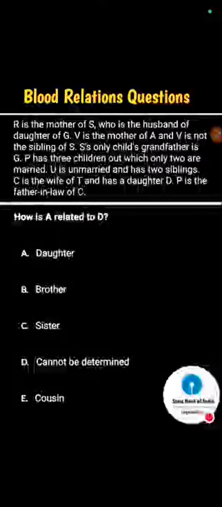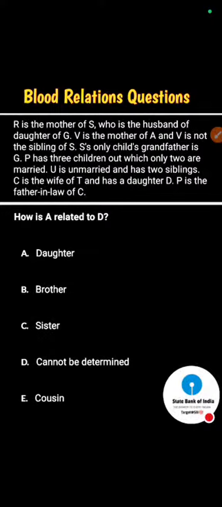So let's take an example: G married with P. So they have three children. U is unmarried.